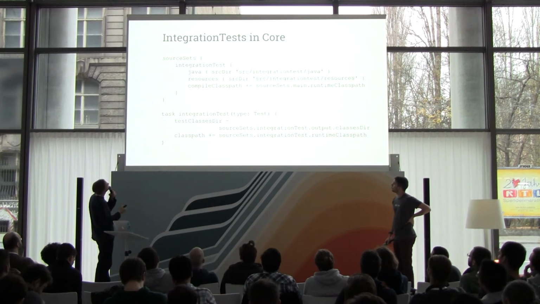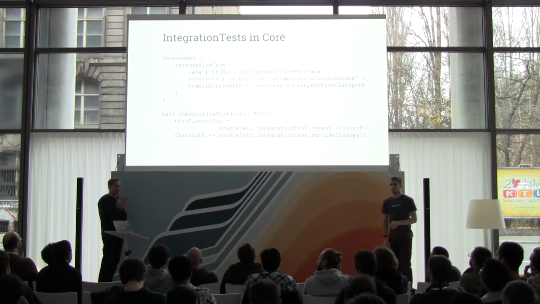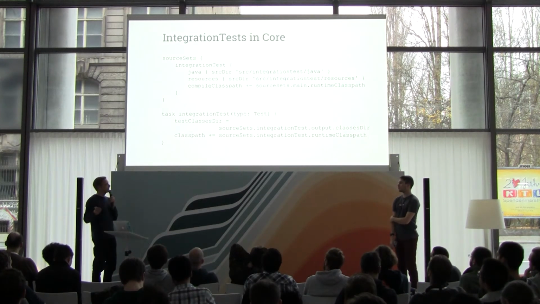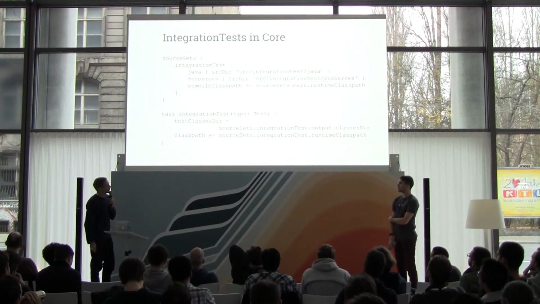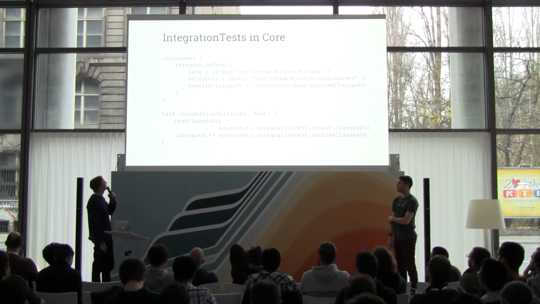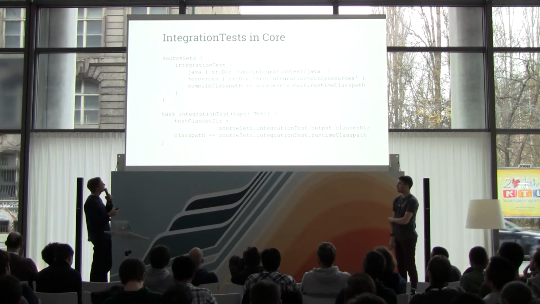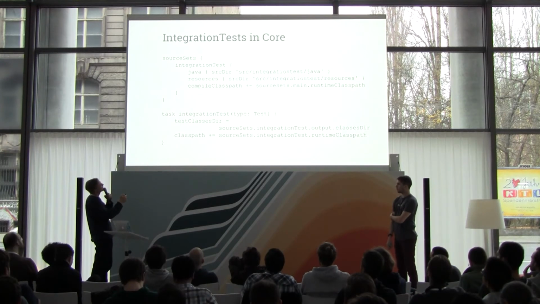Nice. Okay, so next, for the core module, we have this nice separation in the Android module. We have tests for the JUnit stuff, and we have Android tests for the device tests or the integration tests. We want to have the same separation in our pure Java module now, and it's quite easy to achieve here. Gradle has the concept of custom source sets, so we can define our own, and here we just call it integration test.